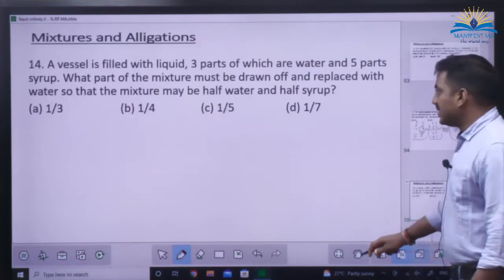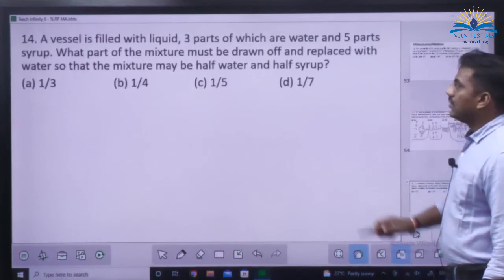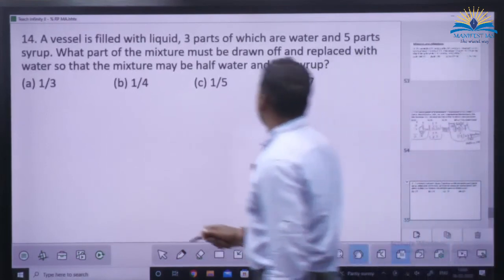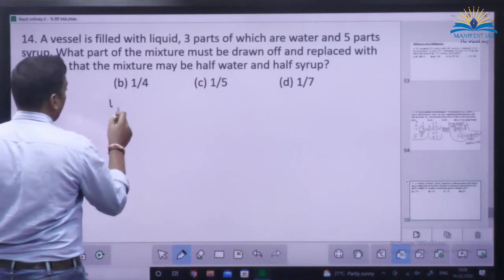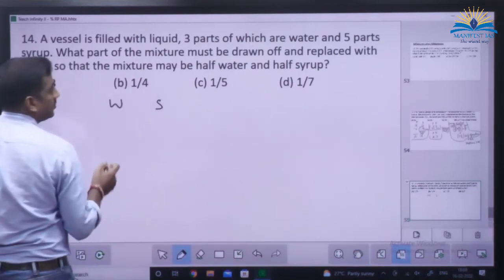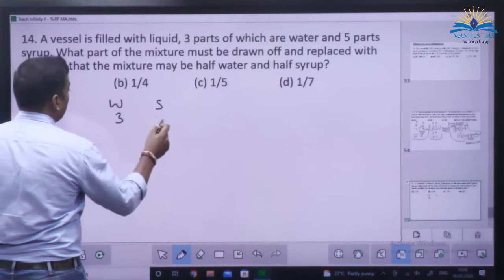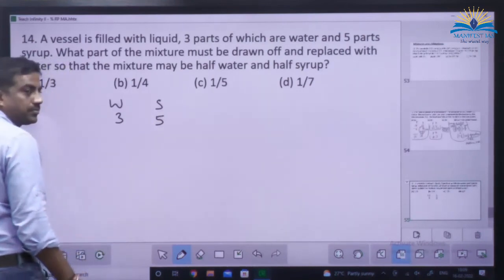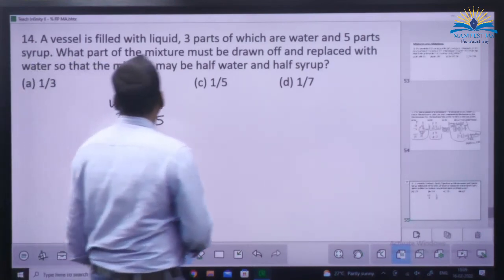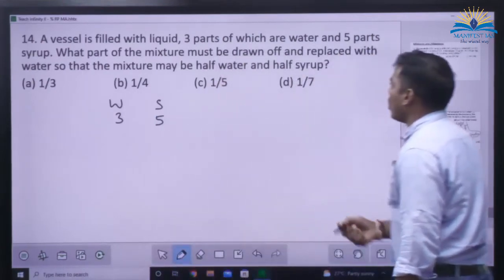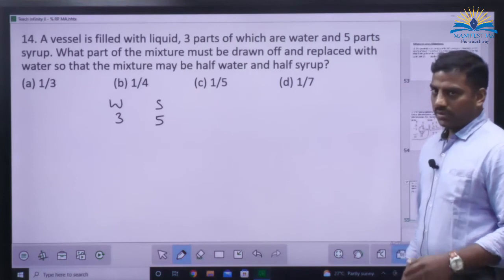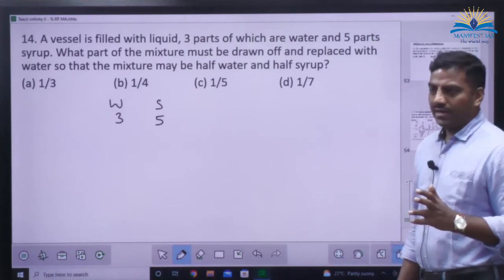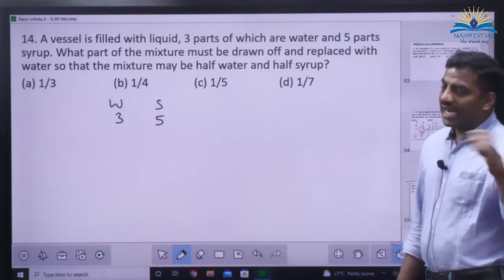Now, a vessel is filled with water and syrup: 3 parts water, 5 parts syrup. What part of the mixture must be drawn off and replaced with water so that the mixture may be half water, half syrup? So basically what we are trying to do here, we are removing the mixture and adding water.